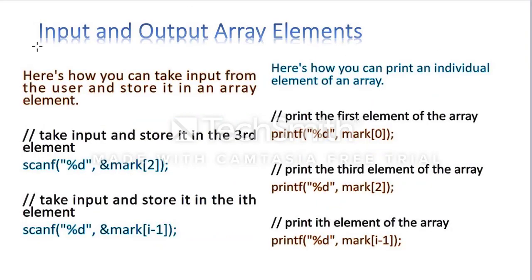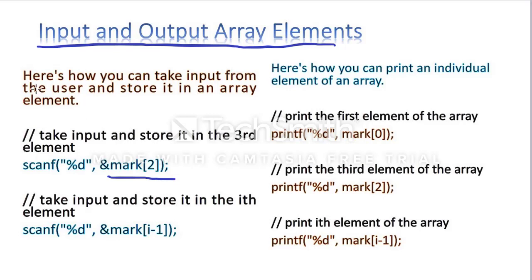Next is input and output of array elements. That means how you can give values to the array through the keyboard. Like when you are assigning int a, if you want to take the value through the keyboard while the program is running, you give the values like that. Here also I can give the values to the array when the program is running.